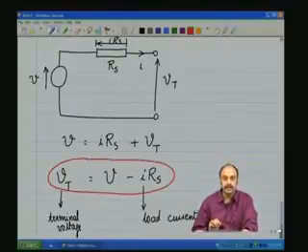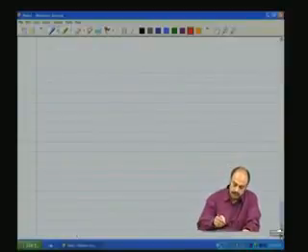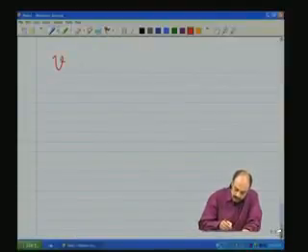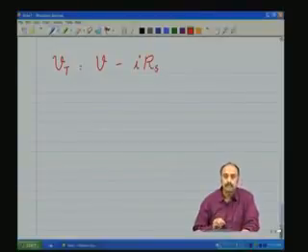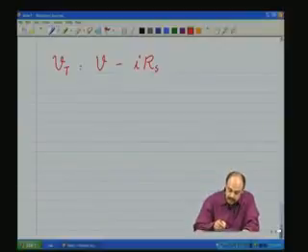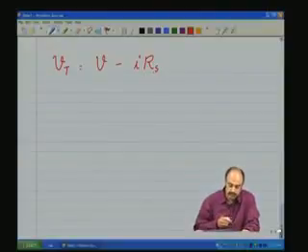Let us picturize it and see how the VI characteristic looks. So let me put down that equation here. V terminal equals the ideal source voltage minus I into Rs. Remember that in the case of the ideal source, Rs is equal to 0 and this component is not there, and therefore terminal voltage is same as V. But in the practical sources, Rs is not equal to 0 and therefore this component comes into the picture.